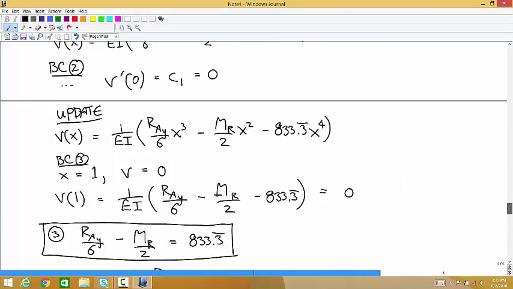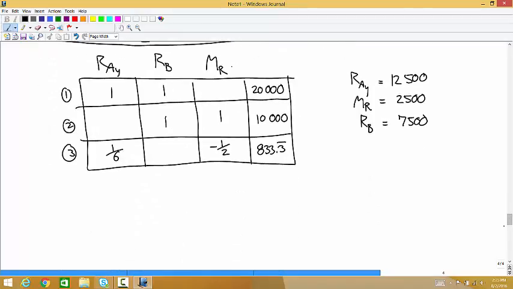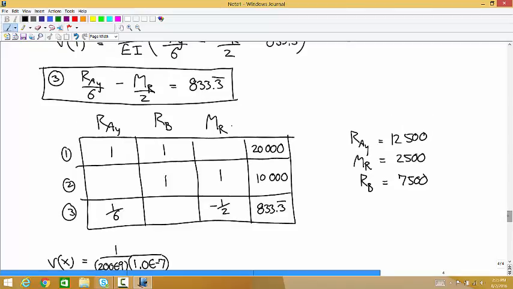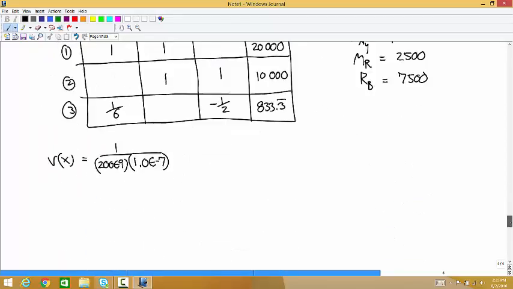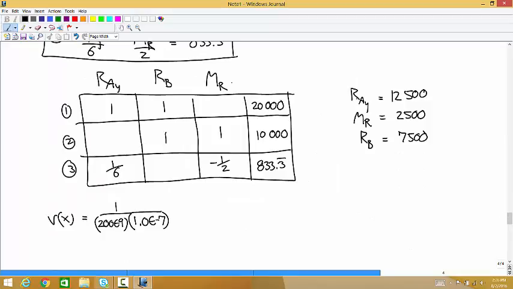So now we can give the final function for the deflection. The deflection is equal to 1 over E, which is 200 times 10 to the 9th, I is 1.0 times 10 to the -7, times R_A y over 6.